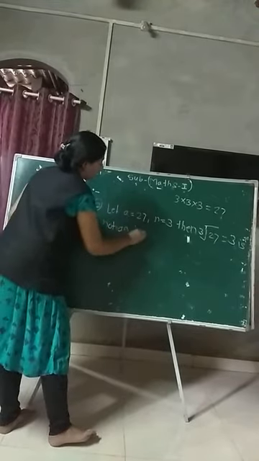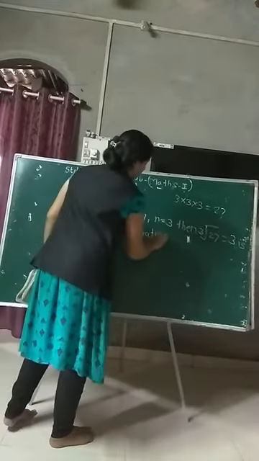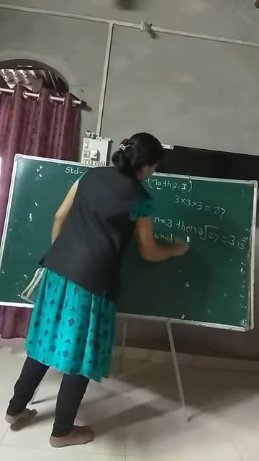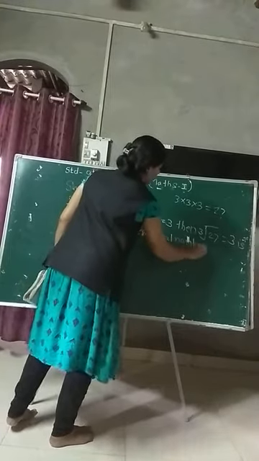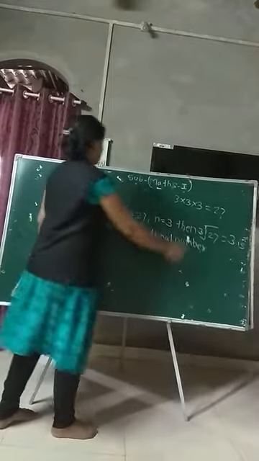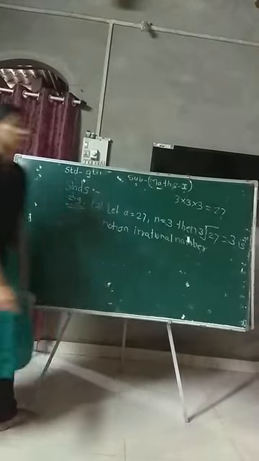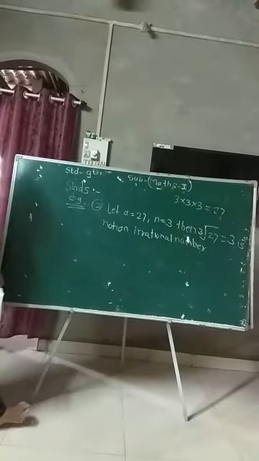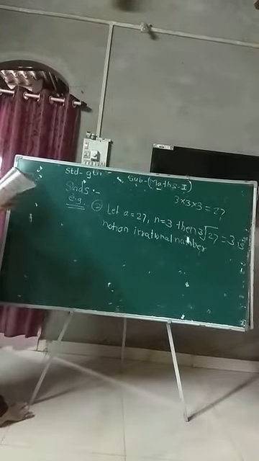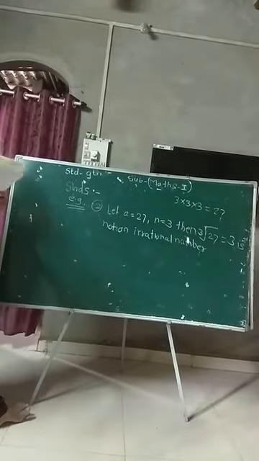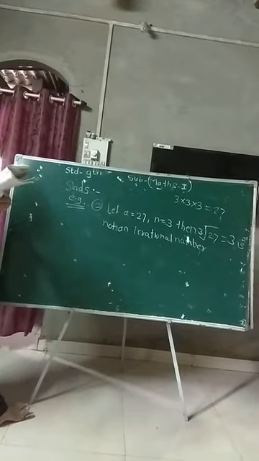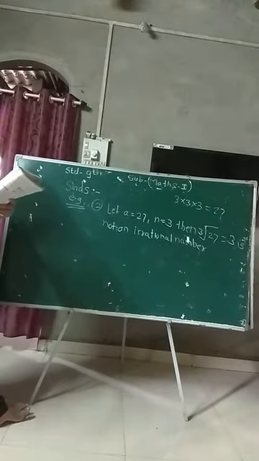Therefore, this number is not a surd because cube root of 27 is not an irrational number.